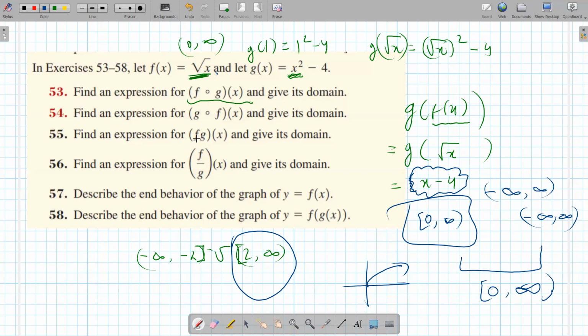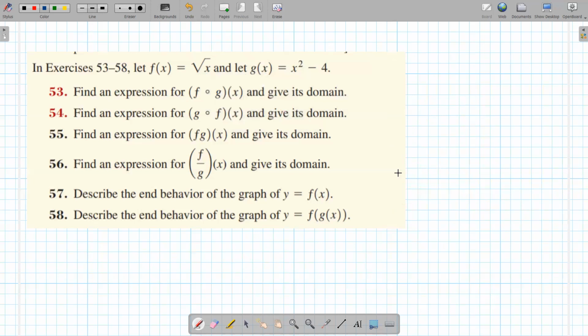Okay, let's do 55. fg of x just means you multiply f and g together. fg of x means f of x times g of x. So this would just be root of x times x squared minus 4.